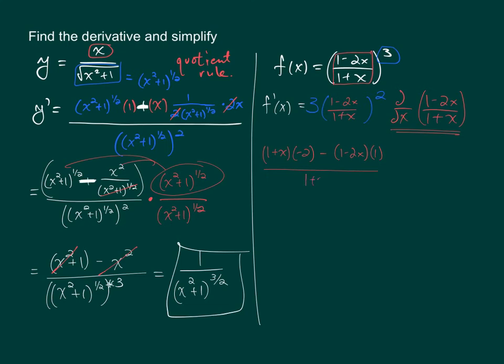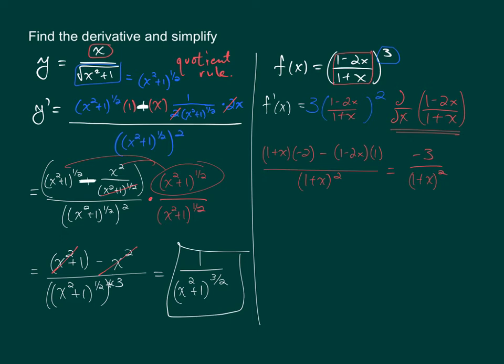So that is 1 plus x squared. And when you do all of the distributions and simplification of the numerator, you'll get something like this. -3 over 1 plus x, the quantity squared.